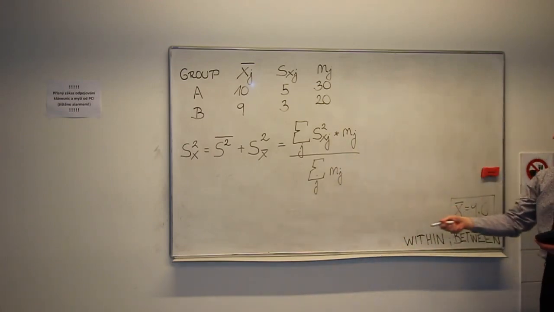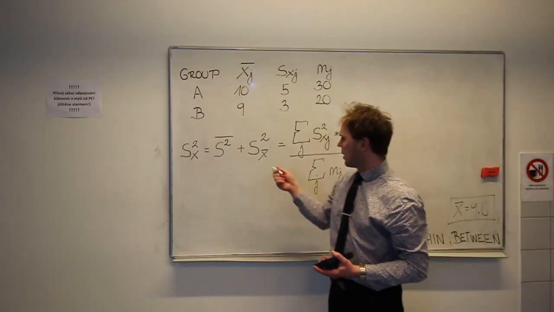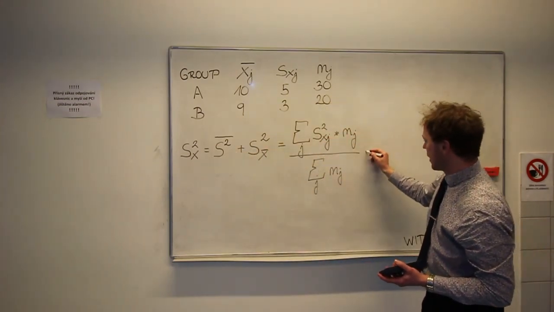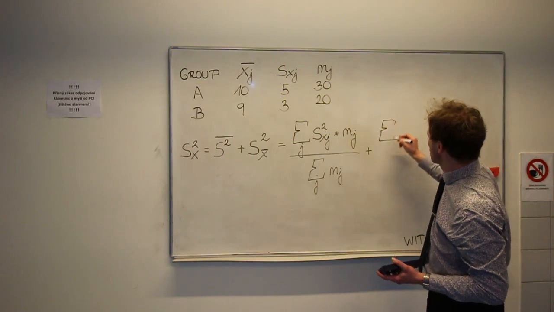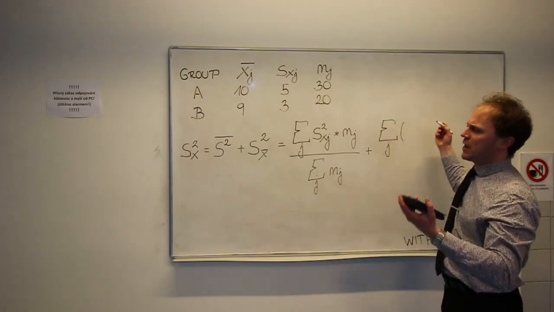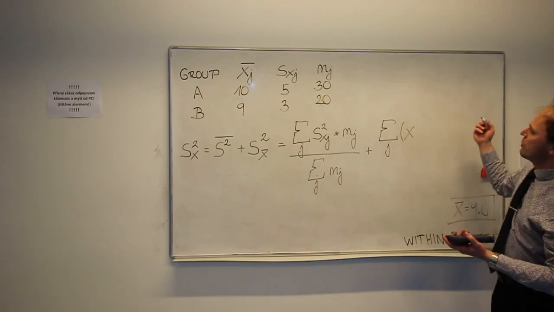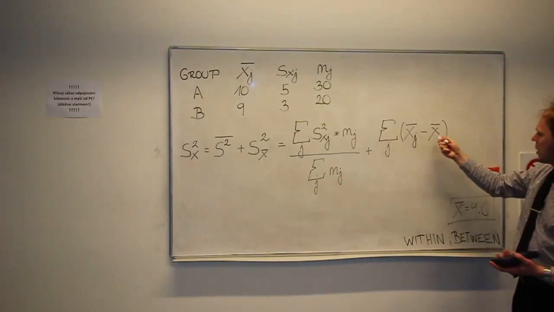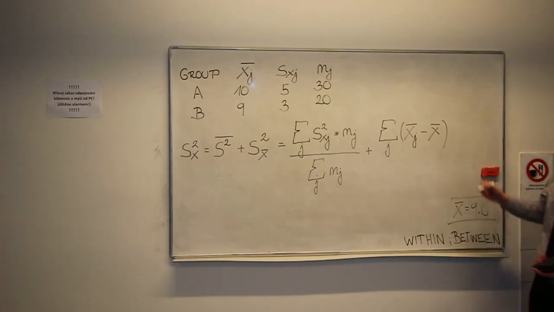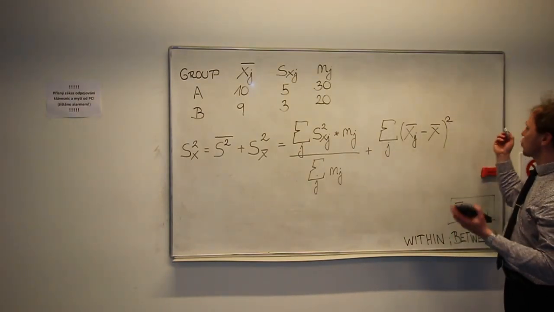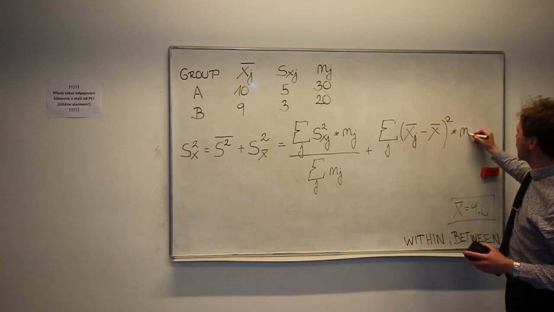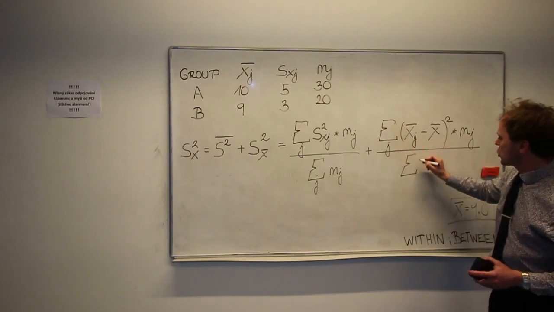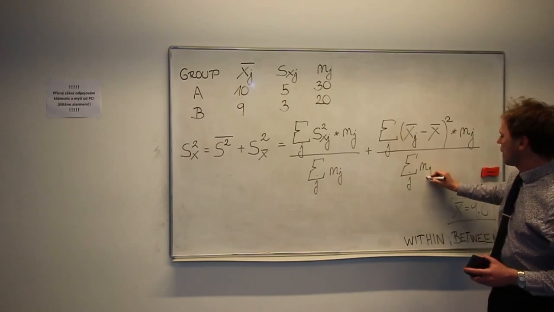The first part is within-group variability, the average calculated from individual variances, plus summation through all j of the differences between individual means x_j with stripe and x with stripe, this mean and this mean, in squares, weighted by frequencies n_j, again divided by summation through all j of n_j.